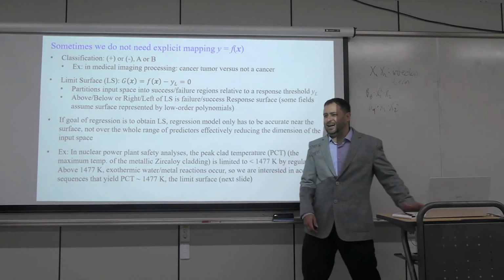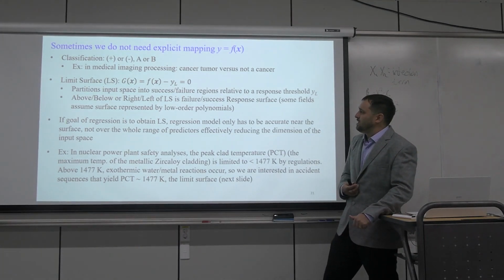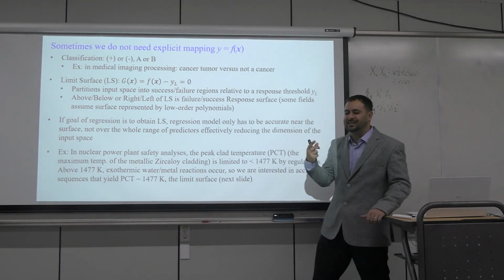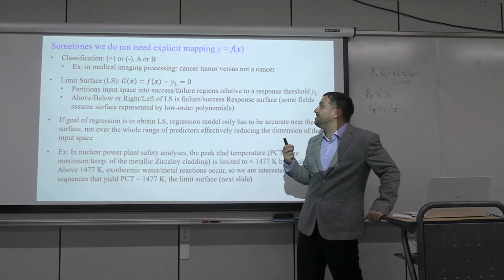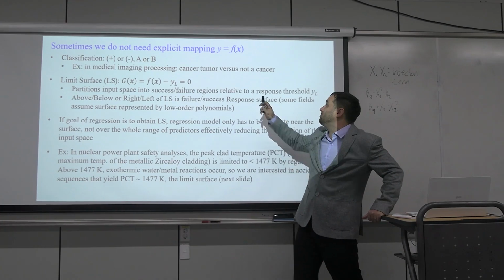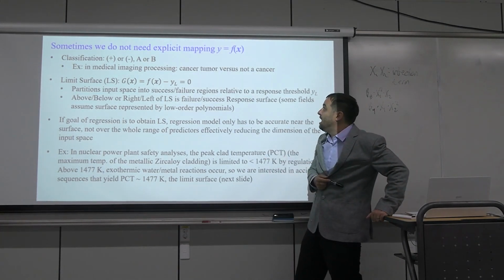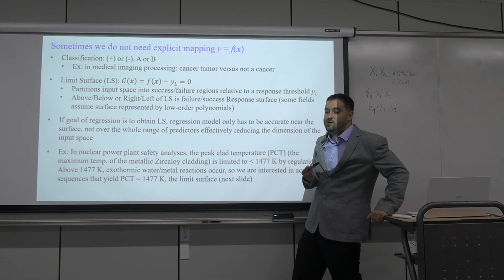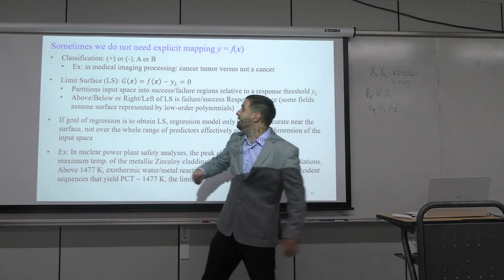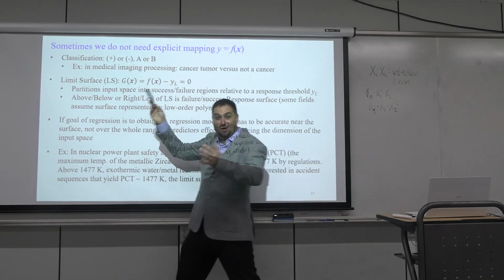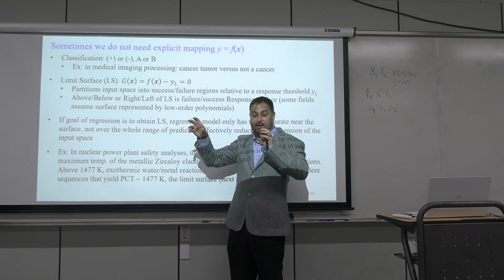Another interesting subset of regression models depends on what information the end user needs. Sometimes we don't need the explicit mapping from y equal to some function of our multivariate input space x. Some regression applications are classification. We want to know plus or minus, A or B. We want to classify areas of the input subspace.